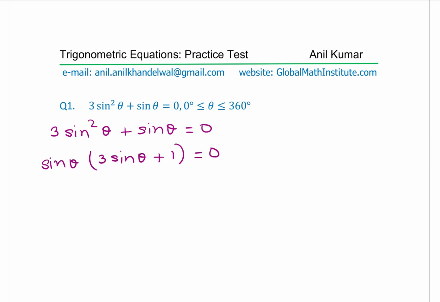So now we have two factors. We can equate sine theta to 0 and we can equate 3 sine theta plus 1 to 0. Sine theta equals to 0 and the domain given to us is from 0 to 360. We have 3 solutions in this domain for sine theta equals to 0.